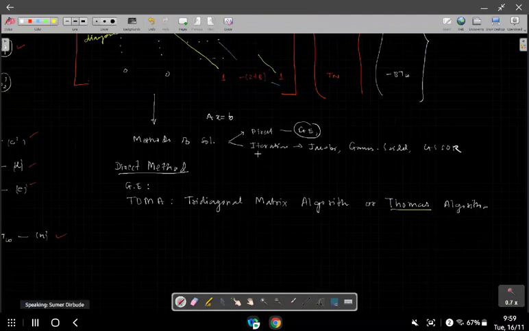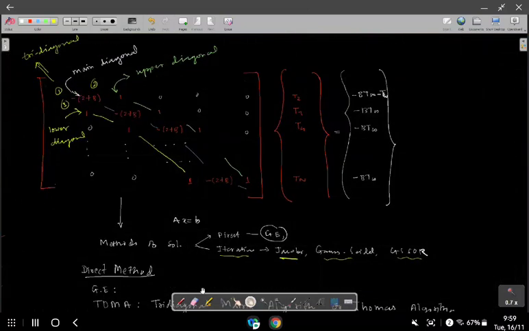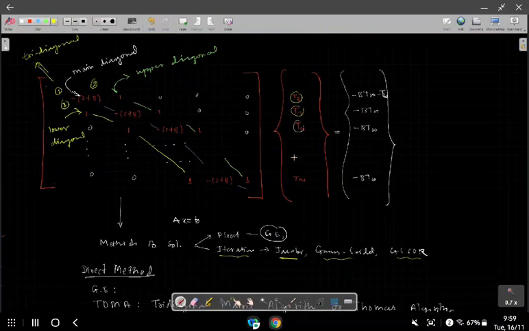Okay. And you can use other methods also, like iterative methods, Jacobi, Gauss-Seidel, and Gauss-Seidel with SOR. Already we have seen how to do the solution with this, and you can obtain these values T2, T3, T4, and Tn.